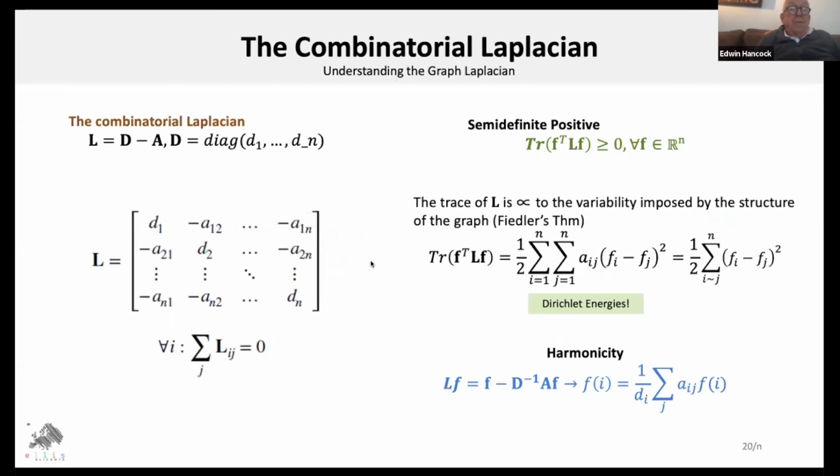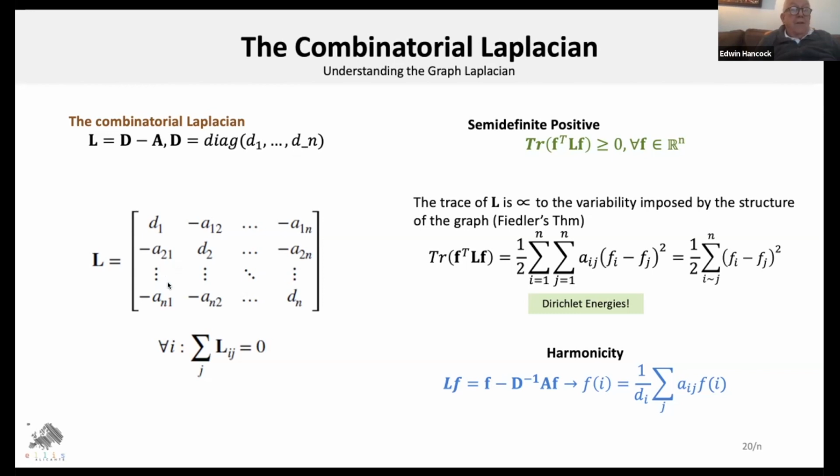Okay, so let's probe into this in a little bit more detail. To do that, I'll need to define the combinatorial Laplacian. The combinatorial Laplacian is the degree matrix minus the adjacency matrix, where the degree matrix has the degrees of the nodes along the leading diagonal, and the degrees are just the number of connecting edges for each node, or the sum of the weight associated with the connecting edges.